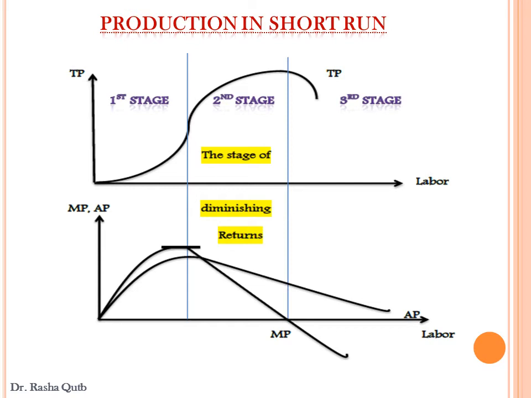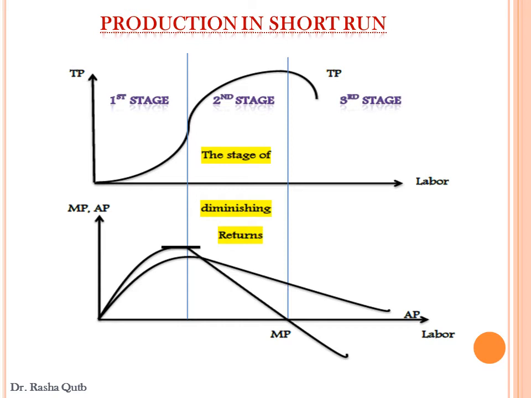Thereby, as we add more labor, production passes through 3 stages. First, total product increases at an increasing rate. Marginal product of labor increases till it reaches its maximum at the end of the first stage. Average product of labor is increasing, but it's less than marginal product of labor.